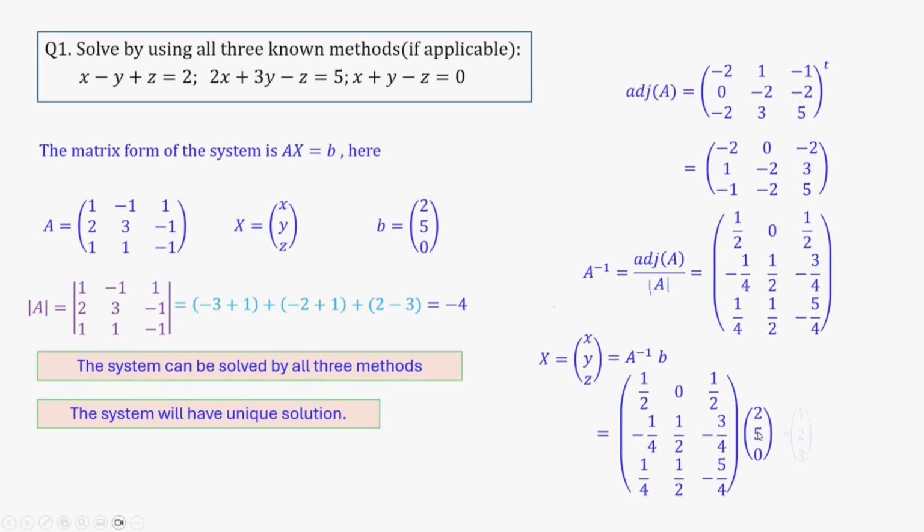After multiplication we will get the solution 1, 2, and 3. Therefore we have x equal to 1, y equal to 2, and z equal to 3. So this is the solution of this system by the inverse method.